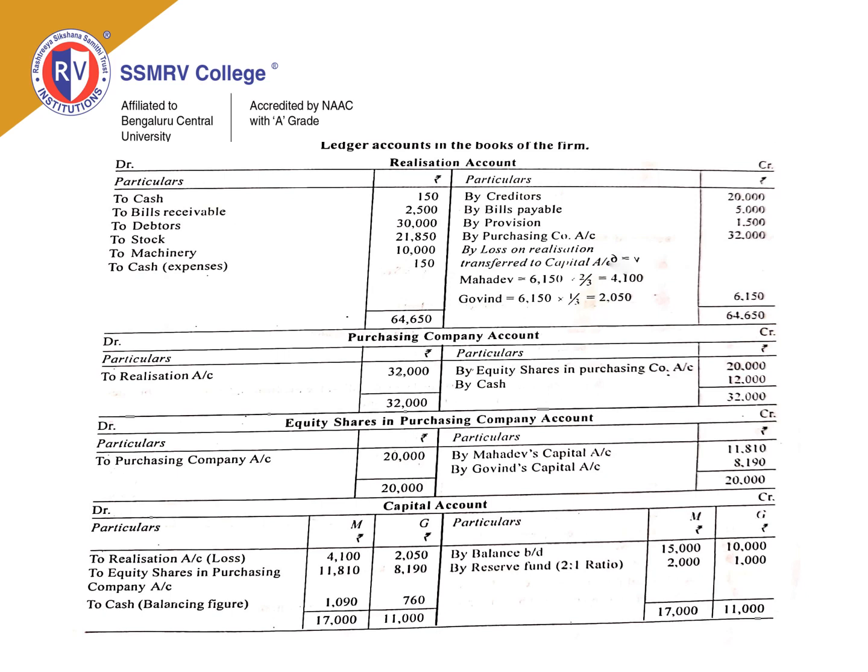So the first account is realization account. So what are the entries that come in realization account? So the first step is to transfer all assets and all liabilities at book values. So the assets are transferred on the debit side of realization account and the liabilities are transferred on the credit side of realization account. The entry for transfer of assets is realization account debtor to various assets account.